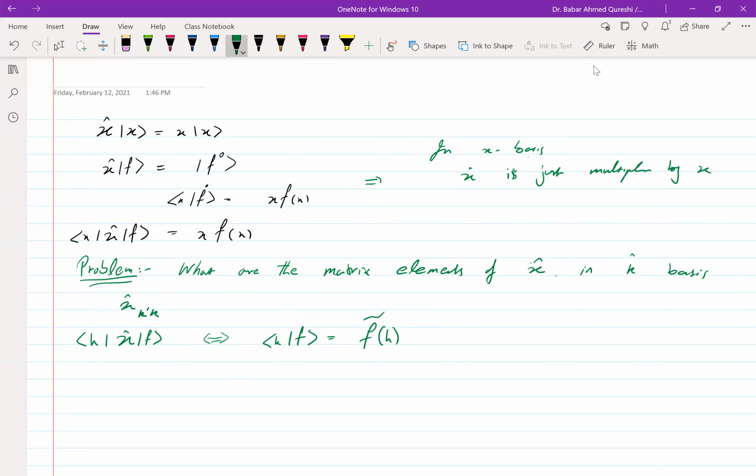Because in the x basis, components of f are just f of x, and under this x operator, it changes to x f of x. While k hat has this form, that if I start with these components, it changes to these components.